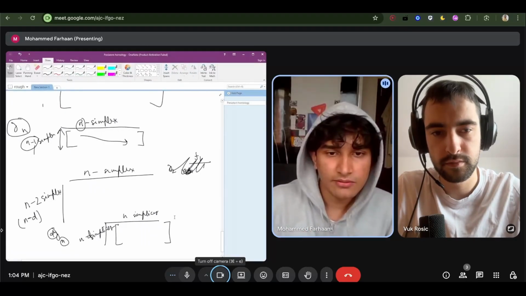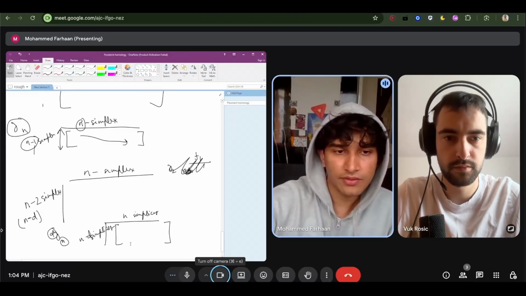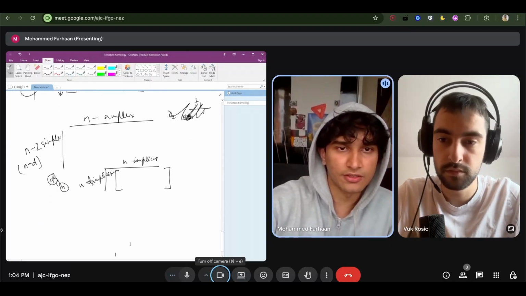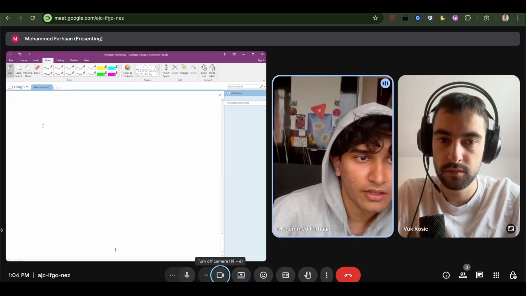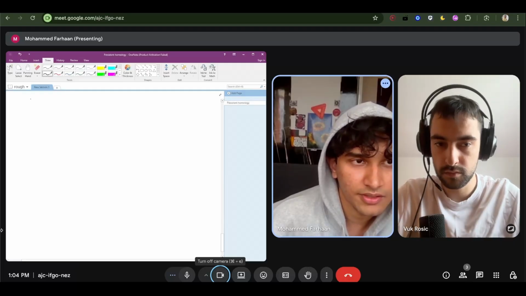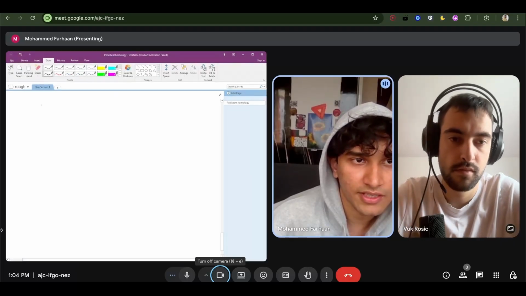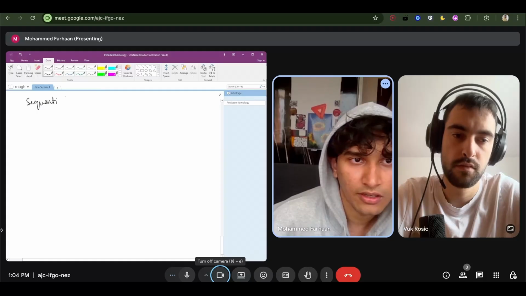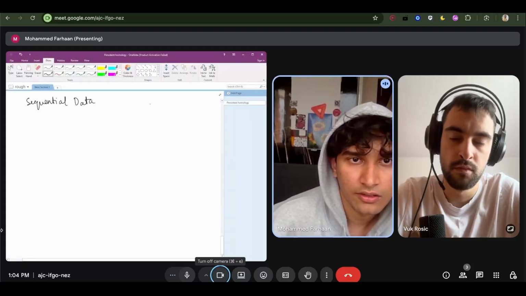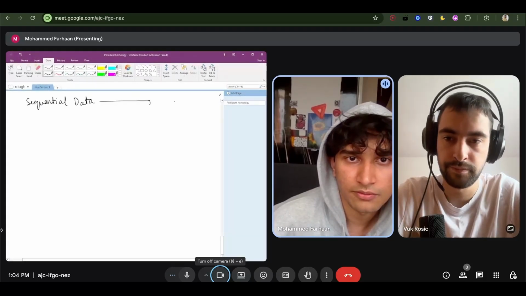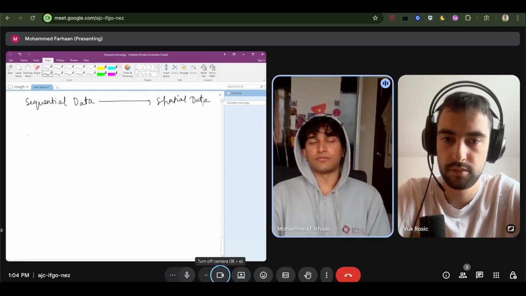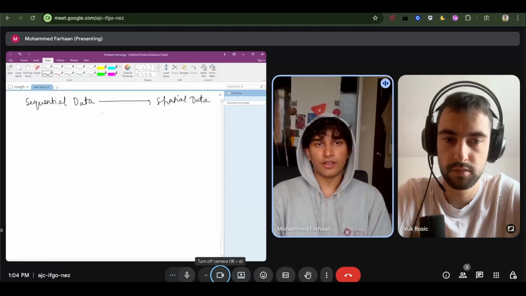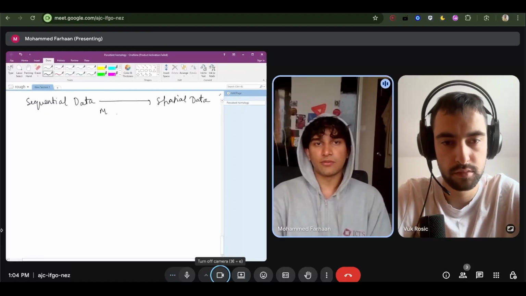One last thing: when I was going through my notes, I found something for our problem, but I'm not sure how to apply it. We want to convert sequential data to spatial data. What I've heard of is something called Mapper's algorithm.